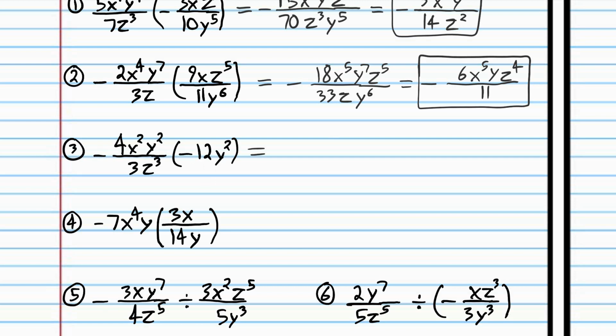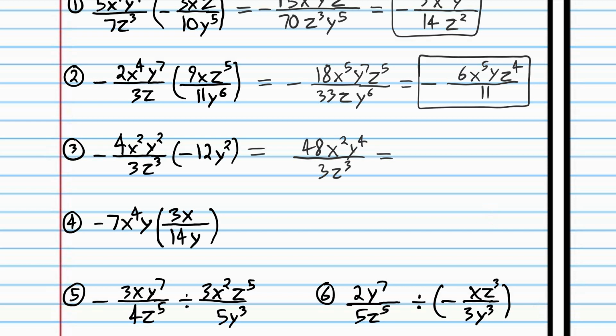So negative 12 times negative 4 is 48, so on and so forth. And now we just have to reduce that. 48 divided by 3 is 16.